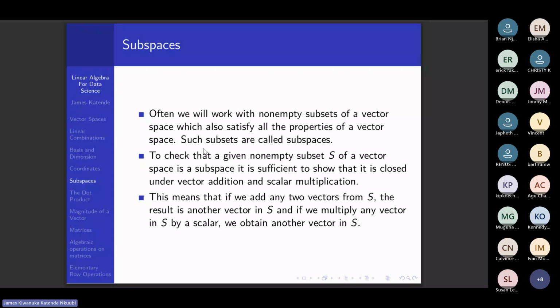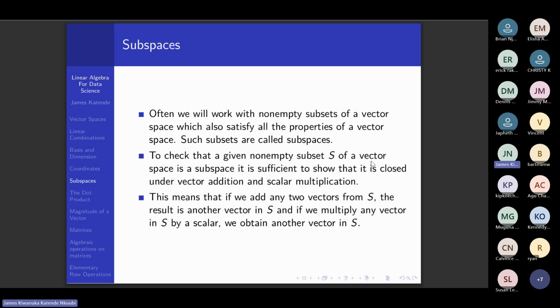Now given a subset, to check that it's a vector space, you have two options. One, you could check that it satisfies all the, I think there were 9 properties that we listed earlier, but it's not necessary to do that. It will be sufficient to show that it satisfies these 2 properties of vector addition and scalar multiplication, so that it's closed under those 2 operations.